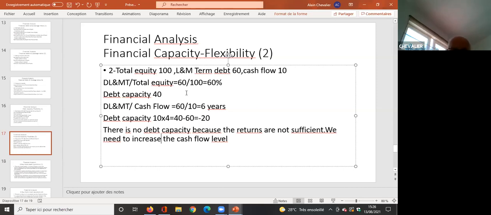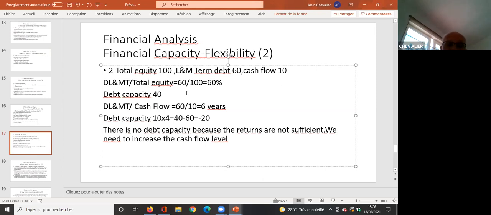So the debt capacity for the second possibility, we are in the cash flow analysis here, payment analysis. The debt capacity is equal to 10, the cash flow, multiplied by 4 years, which is equal to 40, minus the debt, which is 60, which means minus 20.